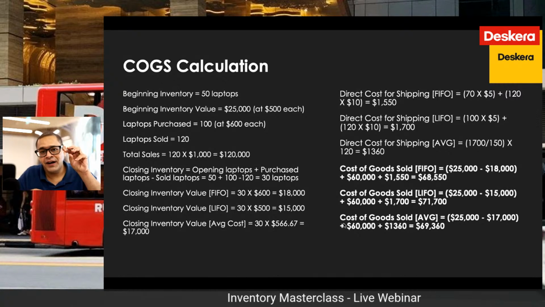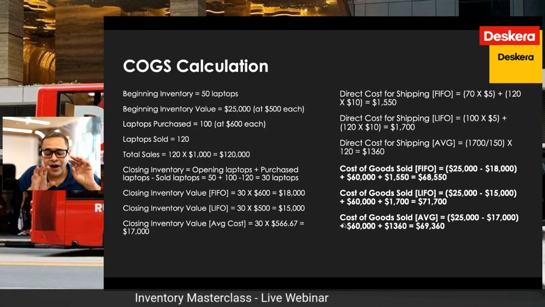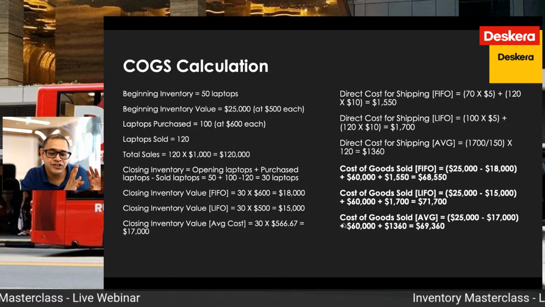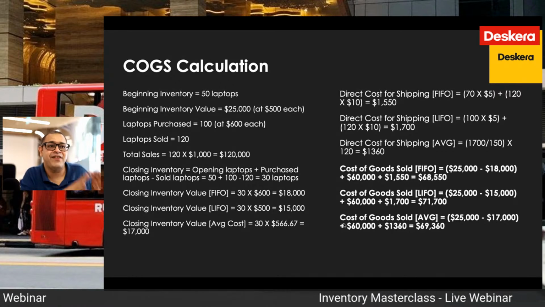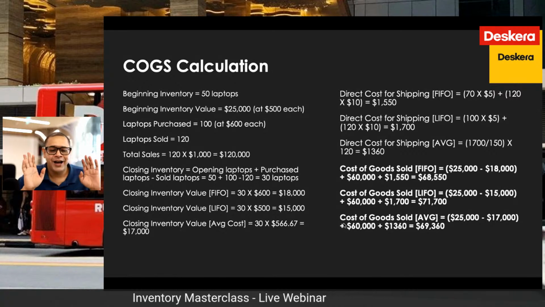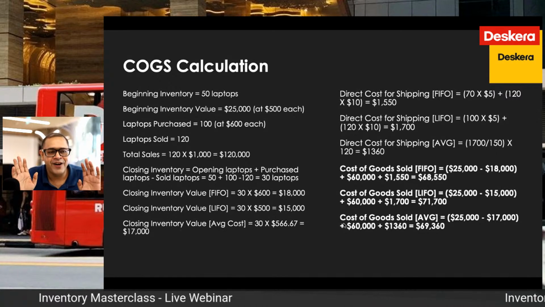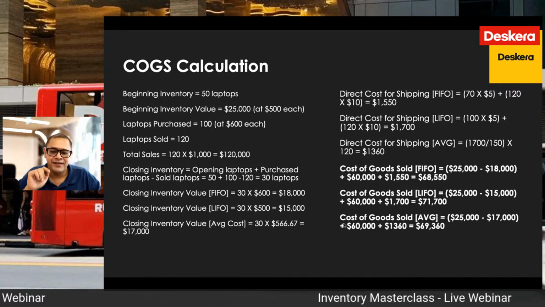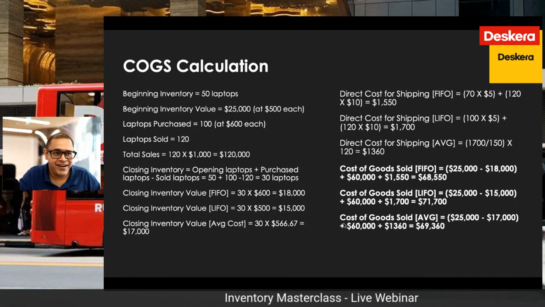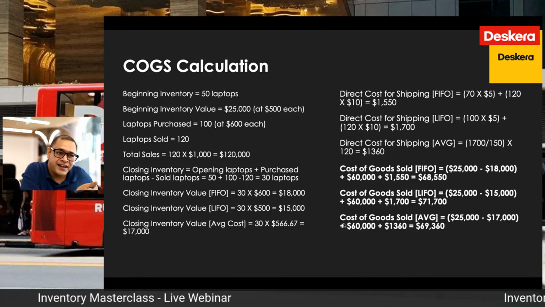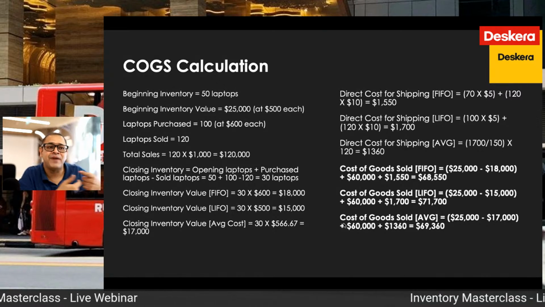So out of the 120 that I sold, I only paid shipping of $5 for 70 of them. I did not pay it for the entire 120 or the entire 100 that I purchased. Therefore, I will take 70 into 5 here, which is the cost of getting those items shipped from my supplier to my warehouse.